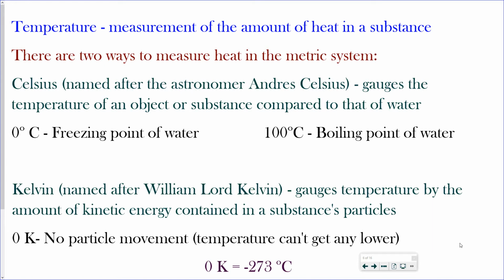You can have no lower temperature than 0 kelvins, because at 0 kelvins, all particles stop moving. The lowest temperature that you can have is 0 kelvins, which, if we relate that to Celsius, is negative 273 degrees Celsius. The important thing to know is that when we're talking about internal energy, we're talking about the movement of the particles and those particles' potential and kinetic energies. So temperature is used in kelvins.